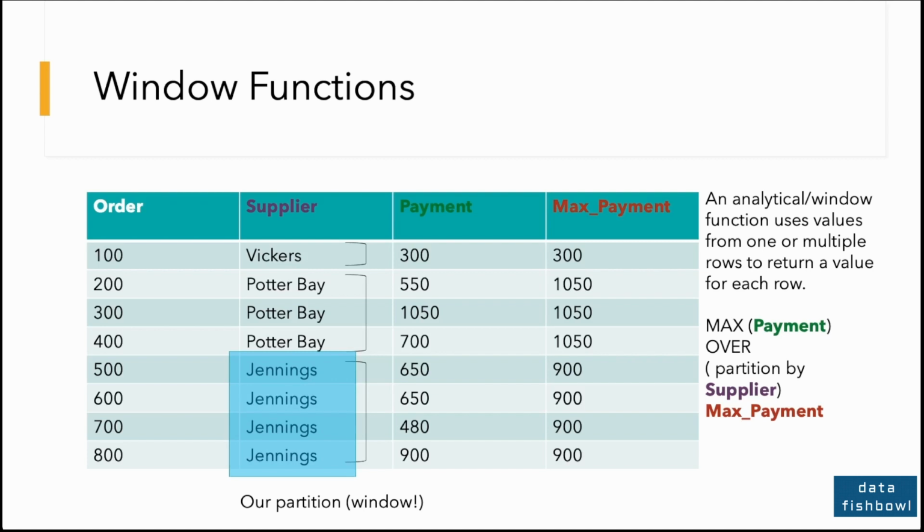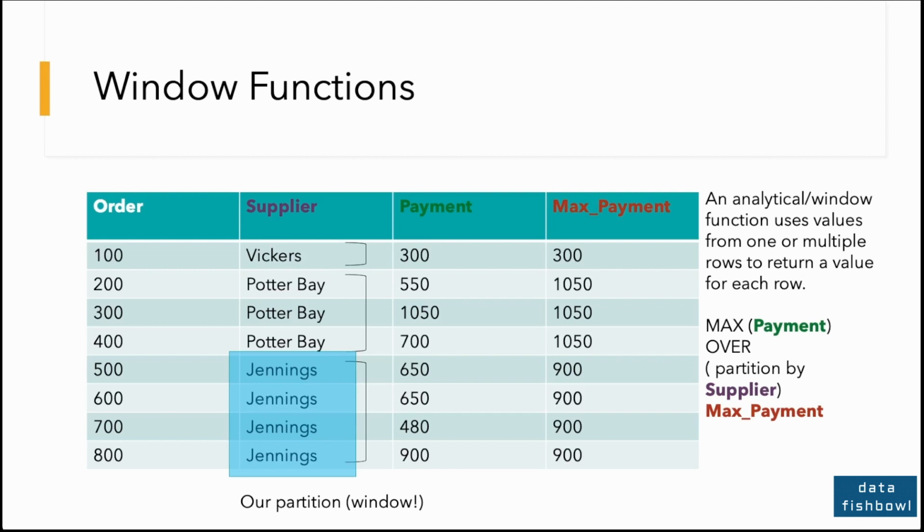Let's concentrate on the Jennings one. So we're looking for the max payment over the partition of supplier. So in this case, the supplier is Jennings. And we're going to call that max payment value max underscore payment. So for Jennings, the maximum payment is 900.